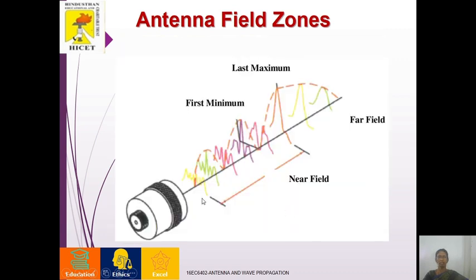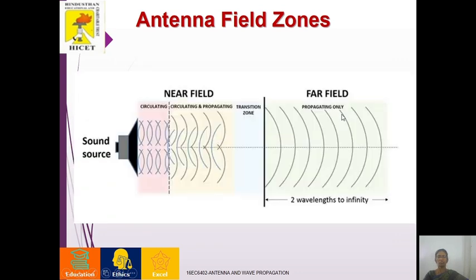Here is an example of a motor where the signal from the motor changes in its field radiation with the distance. Another example is a loudspeaker. The sound energy from the loudspeaker changes its existence in the far field.